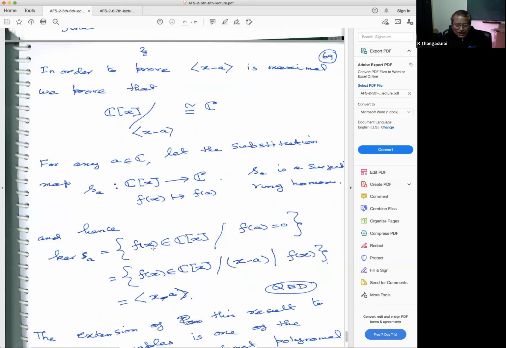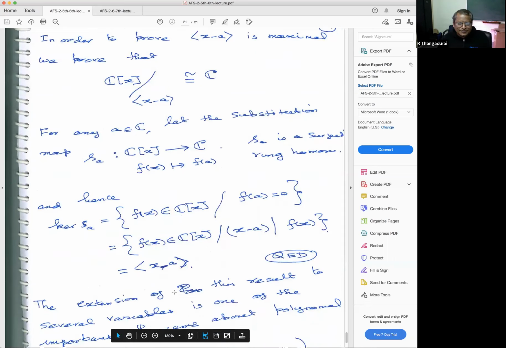Now we look at the kernel: the set of all f of x inside the polynomial ring such that a is a root of f of x. It means x minus a divides f of x. That means the kernel is generated by the single element x minus a.